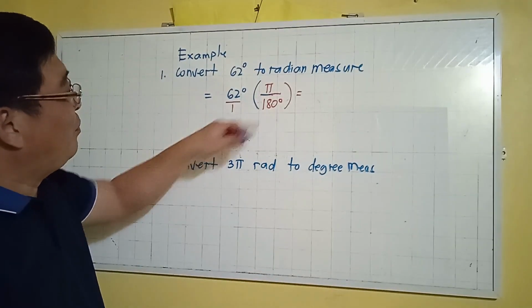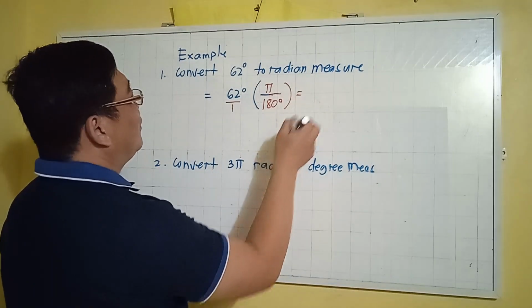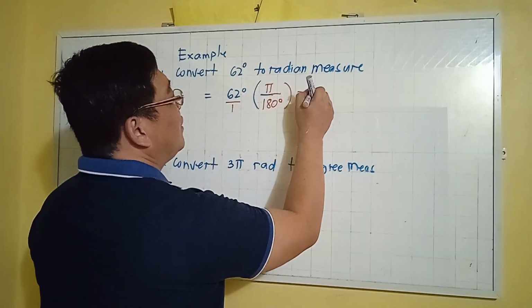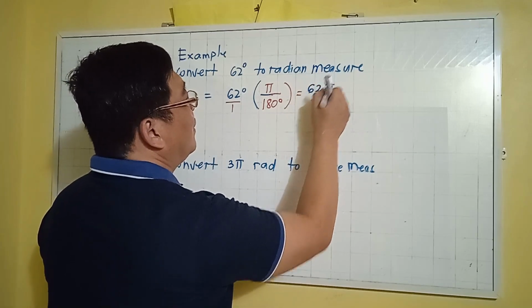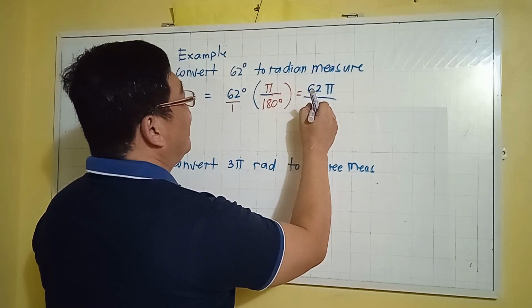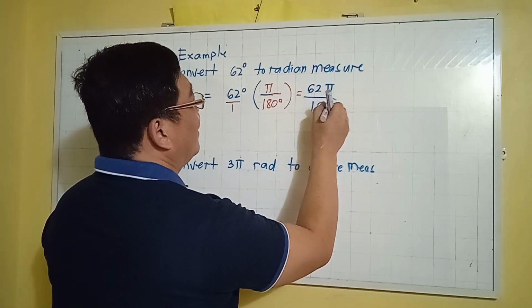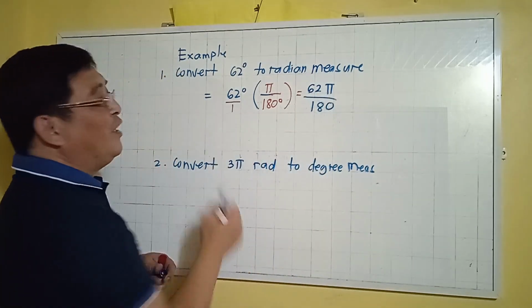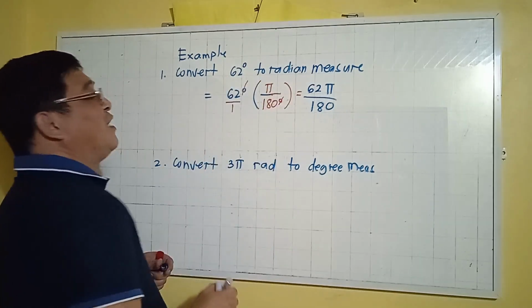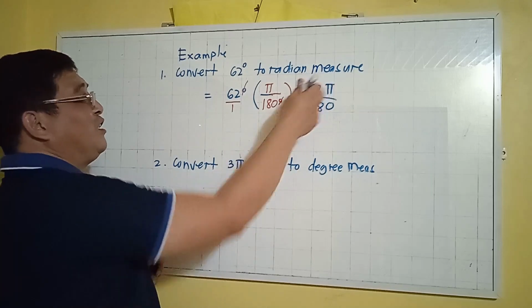Now, let's multiply. Numerator to numerator: we have 62 times pi, we have 62 pi. And then 1 times 180, we have 180 degrees. Mawawala na yung degrees kasi cancel yung unit ng degrees. Matitira is pi.